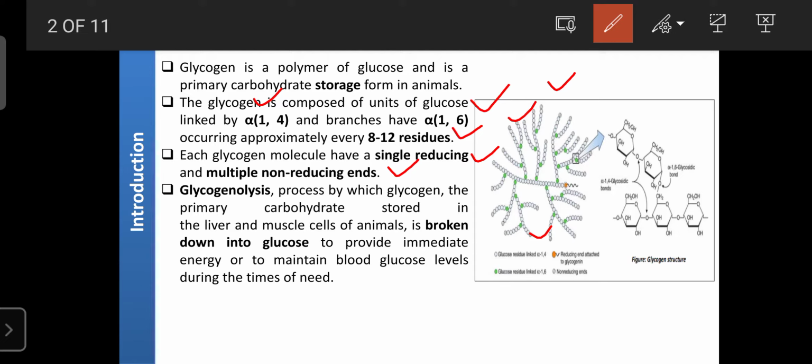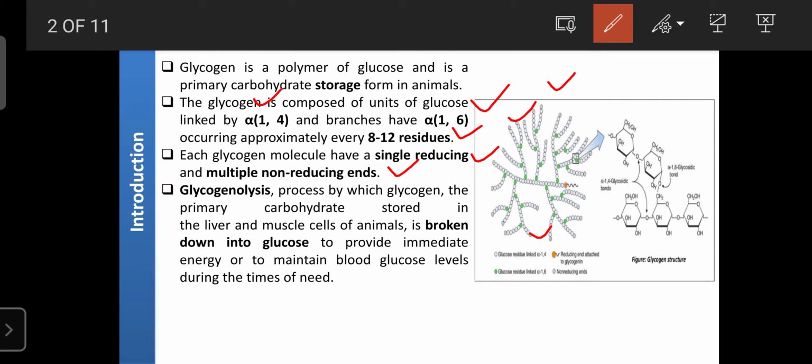So glycogenolysis is the metabolism, or phosphorolysis, of glycogen into glucose. It helps to continuously supply glucose and to normalize the blood sugar level in an emergency.